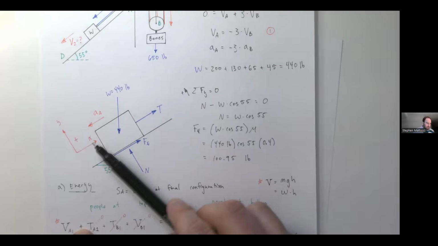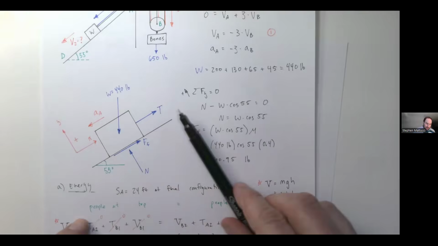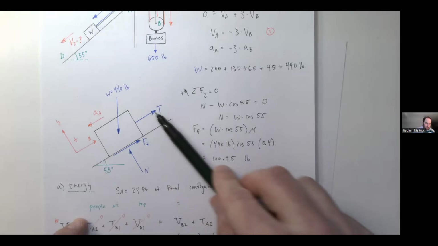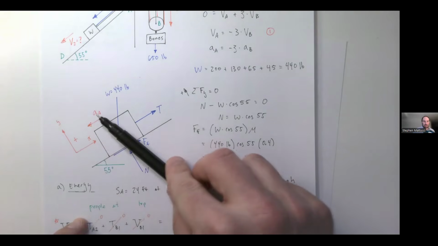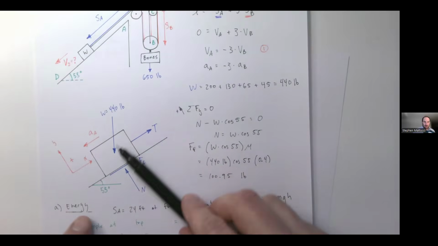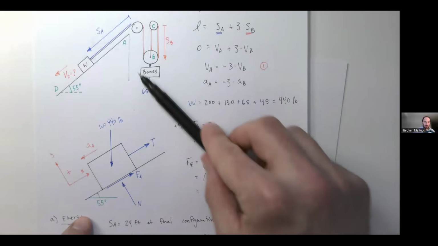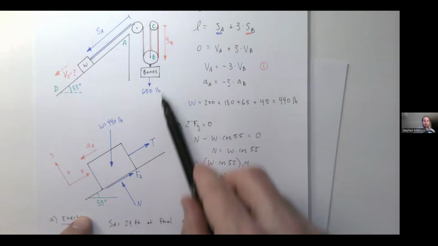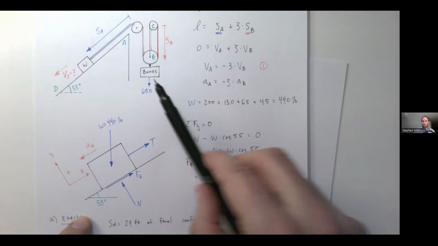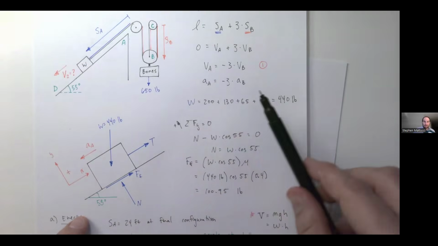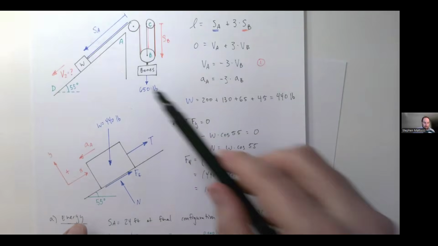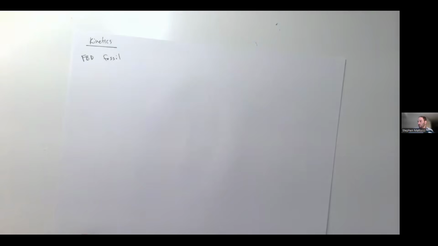If I were to sum forces in the x, I'm going to have tension as an unknown and acceleration of A as an unknown. I can do my free body diagram for my pulley and my bones, and it's going to give me tension as an unknown and the acceleration as an unknown. So I'll be able to use the relative velocities and accelerations and the tension being constant in order to solve out for these.